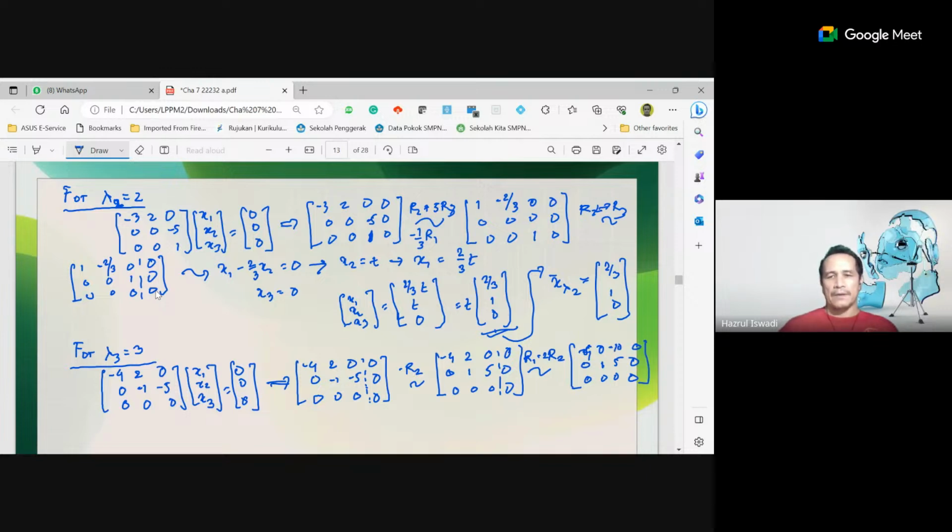Then divide R1 by -4. For R1, we have 1, 0, 5 over 2, 0; 0, 1, 5, 0; and 0, 0, 0, 0. Okay, this one.